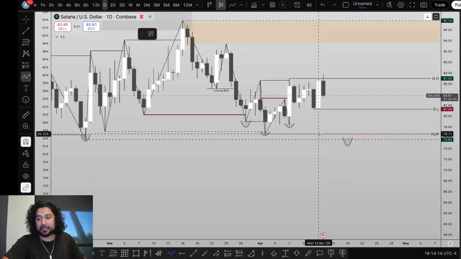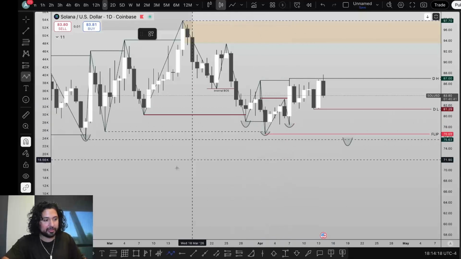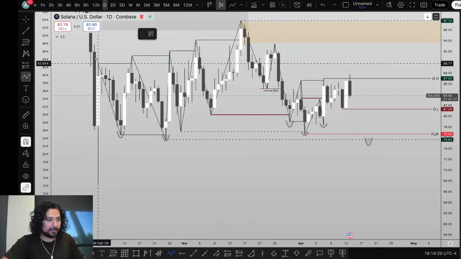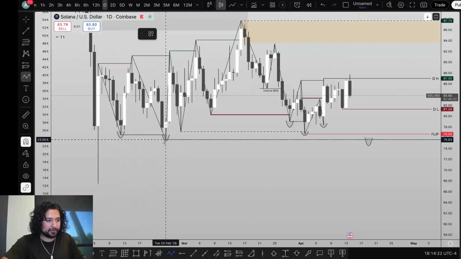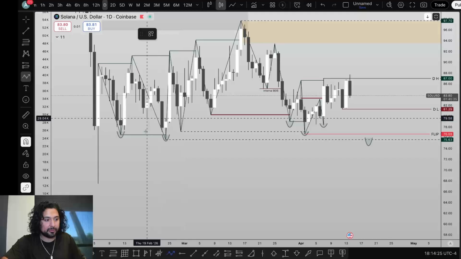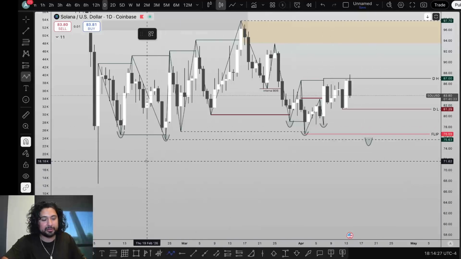Remember, you have to think about what can invalidate the structure. Why would this accumulation model not happen? What do we see to the left? We had 1 tap, 2 tap, and if we get an SFP down here, it would just be a huge accumulation model.